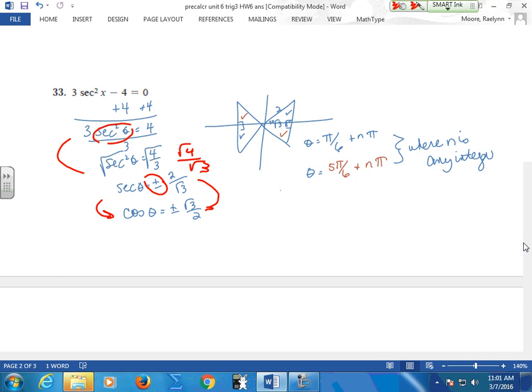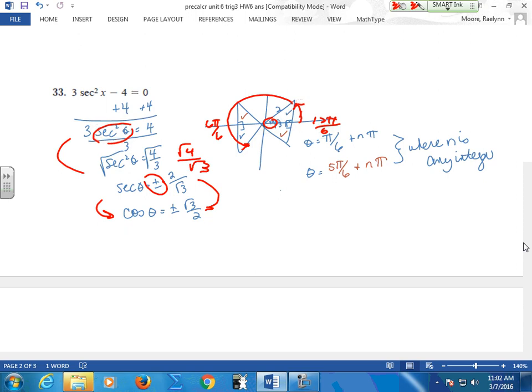Now, because we have a positive and negative, we have all 4 quadrants. All I care about is finding one reference angle. I find my one reference angle. This is radical 3, this is 1, this is 2, this is a 30. So I say 6 pi over 6, 12 pi over 6. Because they're across from each other, if I name this guy, 180 degrees away I can name that one, right?